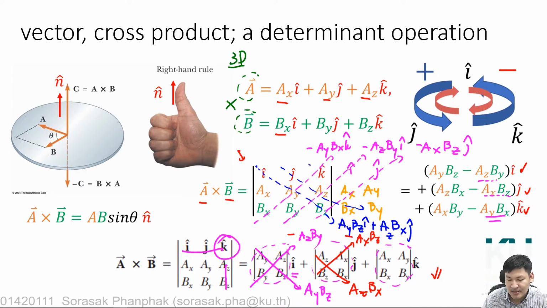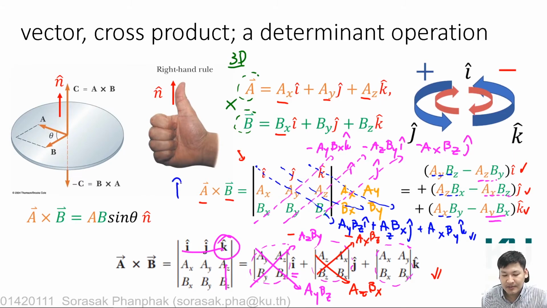And for this term, I got a_x b_y in k directions. So these are all the components that I get out here. So it depends on your preference. You can use the method that I use, or you can use the minor or cofactor to find out the determinants.